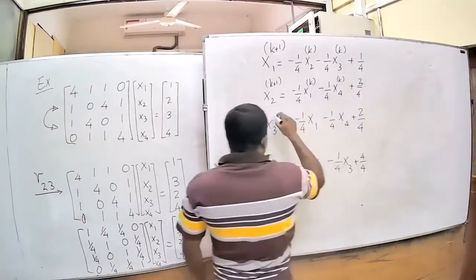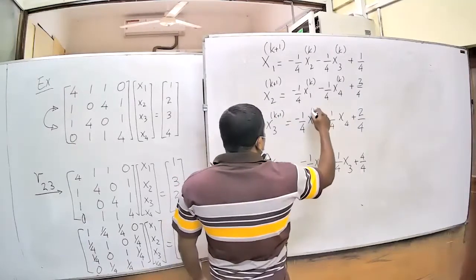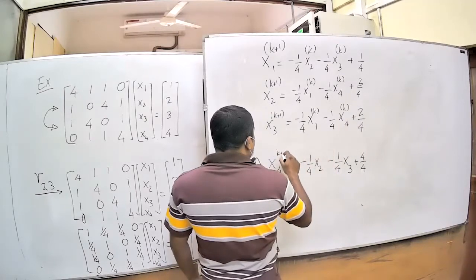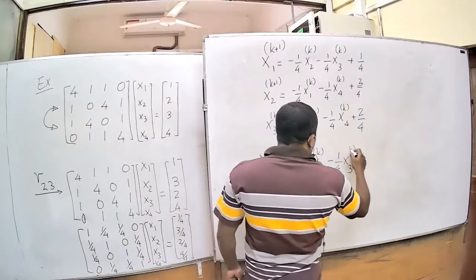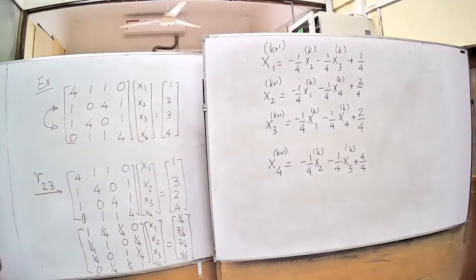So you develop the Jacobi iteration for the given example.